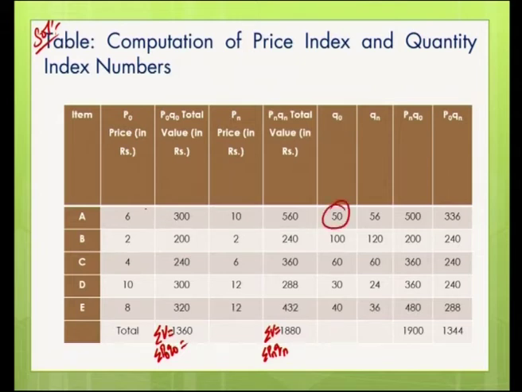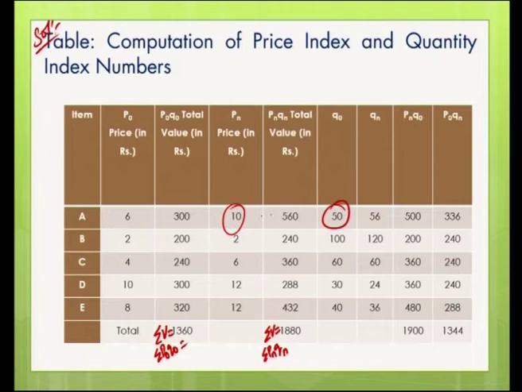300 divided by 6 is Q naught values, because P naught Q naught is 300 and P naught is 6, therefore 300 by 6 is 50. Similarly, Qn values are 560 by 10 is 56 and then Pn into Q naught is required. Pn is 10 and Q naught is 50.